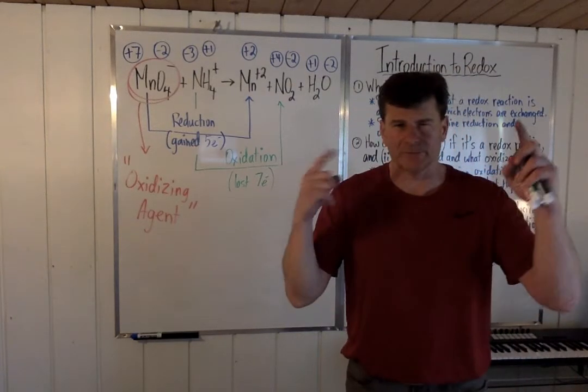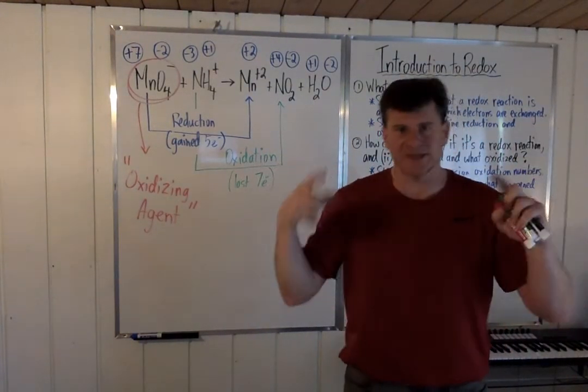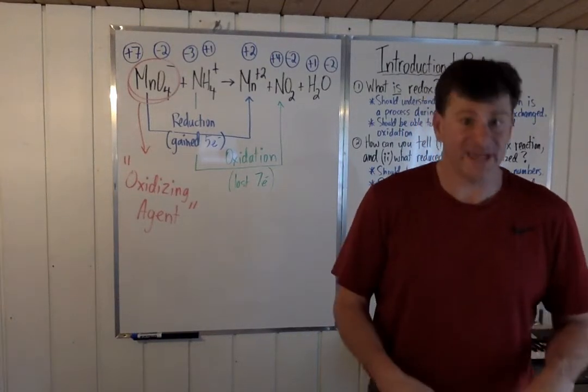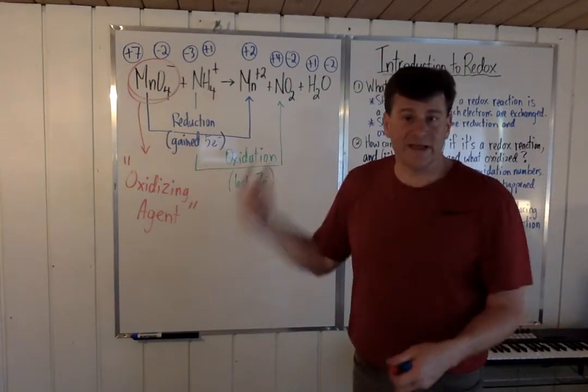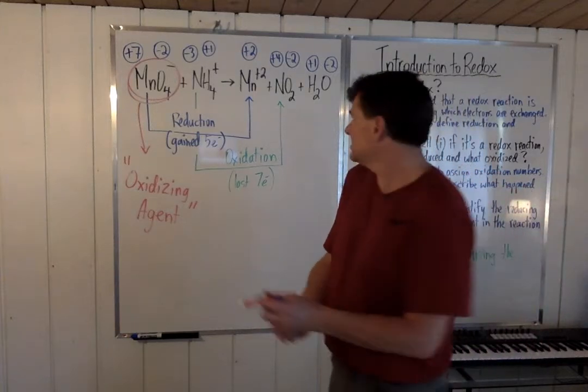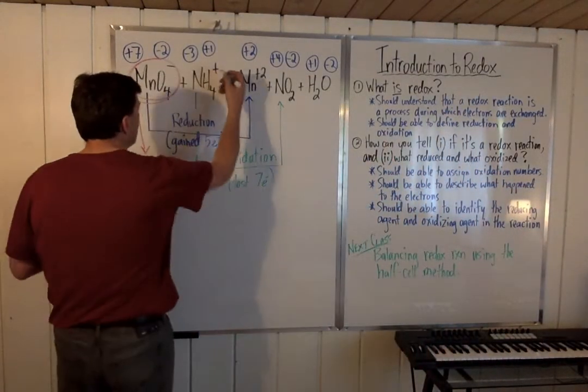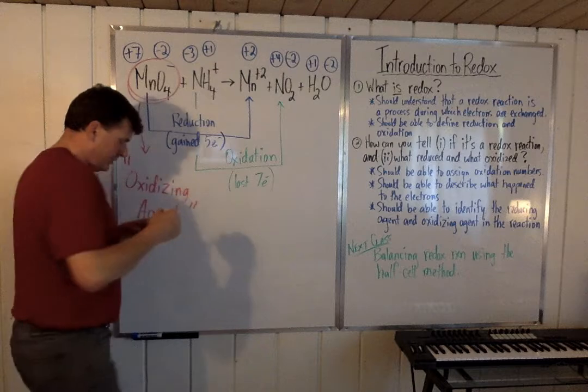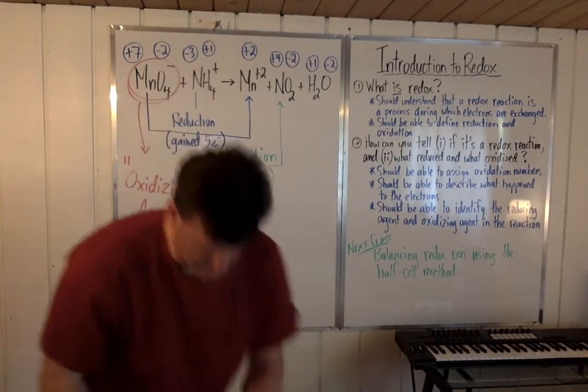Okay, that's kind of weird because the terminology is backwards. If you reduce, you are the oxidizing agent. Therefore, that means that the other thing, the NH3, the ammonium, must have been, I'll do it in black because that's the only color that I haven't used.